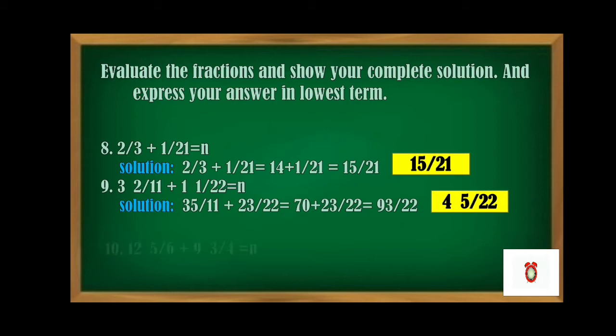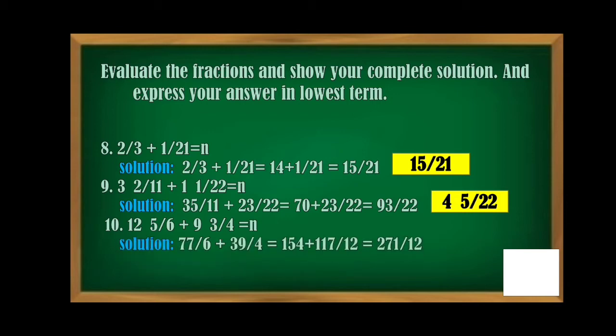Number 10. 12 and 5/6 plus 9 and 3/4 equals n. Here is the solution, and the correct answer is 22 and 7/12.